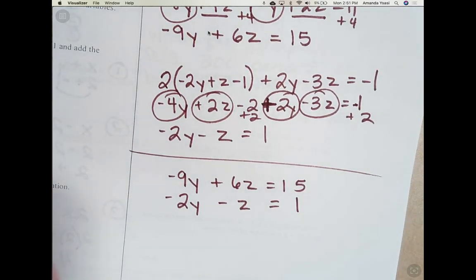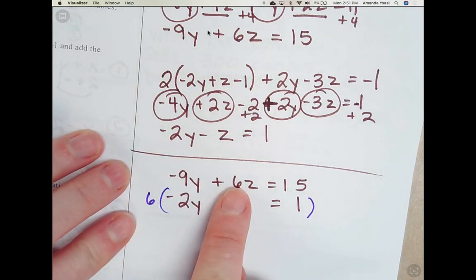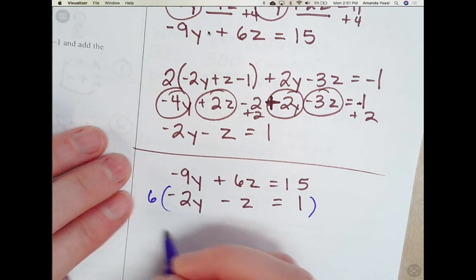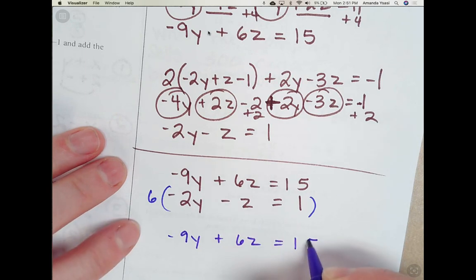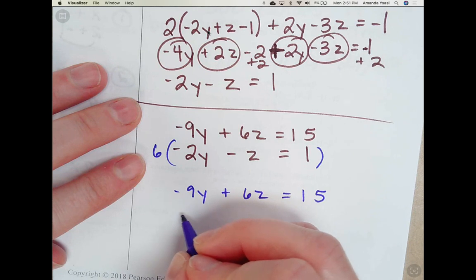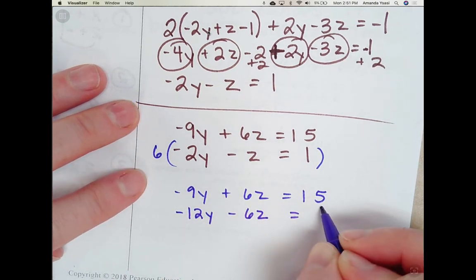Yeah. We want to get rid of one of the variables, so the easiest way would be to multiply this times 6, because then you'd have a 6 and a negative 6. So we still have the negative 9y plus 6z equals 15. But then our second equation, the new one, is negative 12y minus 6z equals positive 6.